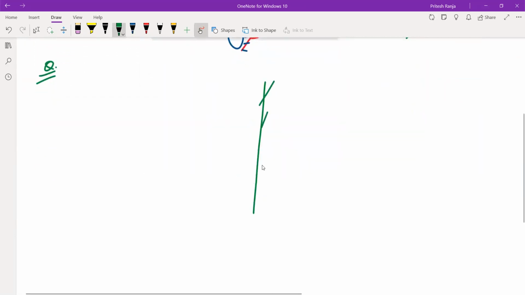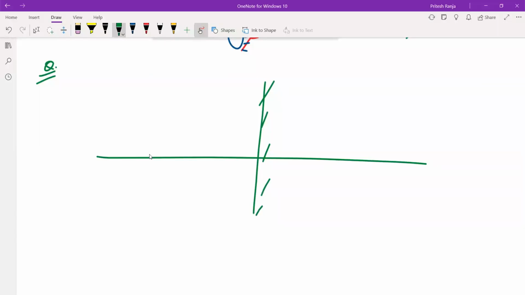Let's say this is a plane mirror and an object is kept here. The object is moving at 10 meter per second. This is 37 degree.